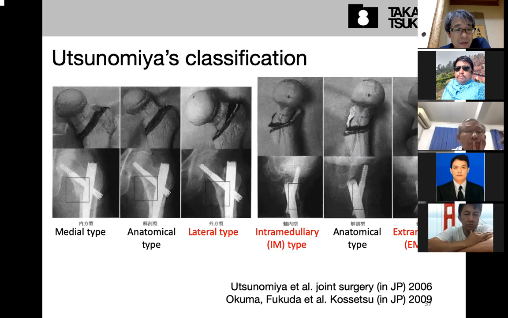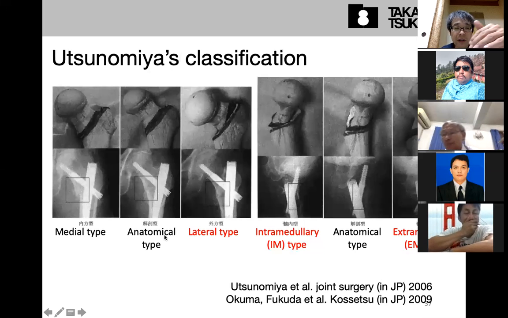The medial type is where the lower edge of the medial cortex of the femoral neck locates medially, against the medial border of the femoral shaft. So this one is the anatomical type, where the two cortices are located at the same level.